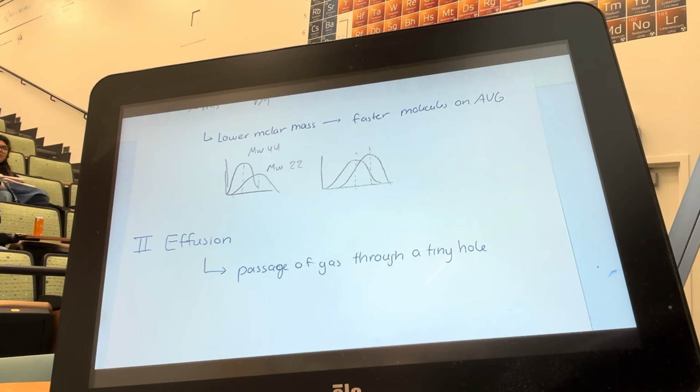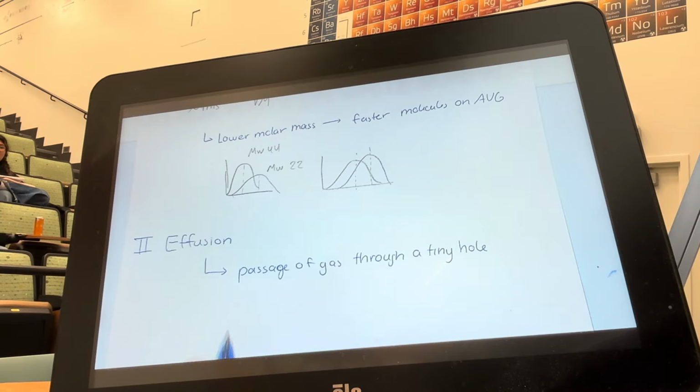What this means is, if you have a tire and you prick the tire, and now there's a little hole in the tire, the gas is going to escape over time, and that little tiny hole is where the gas passes through, and that's called effusion. That's really all you want to know about effusion.